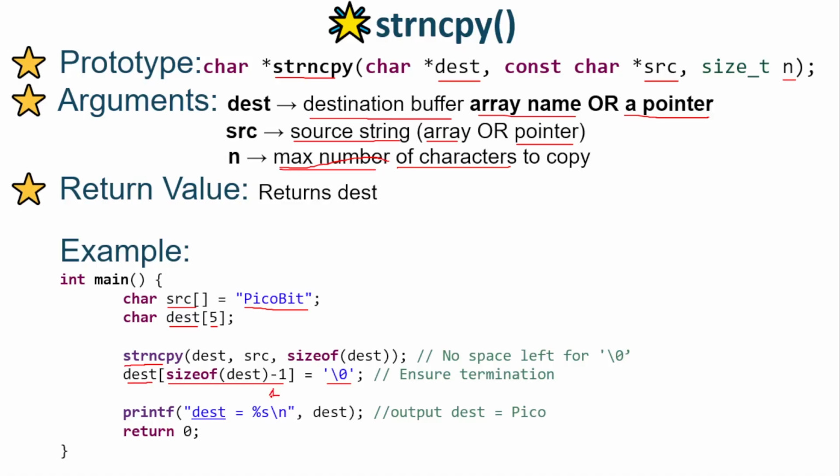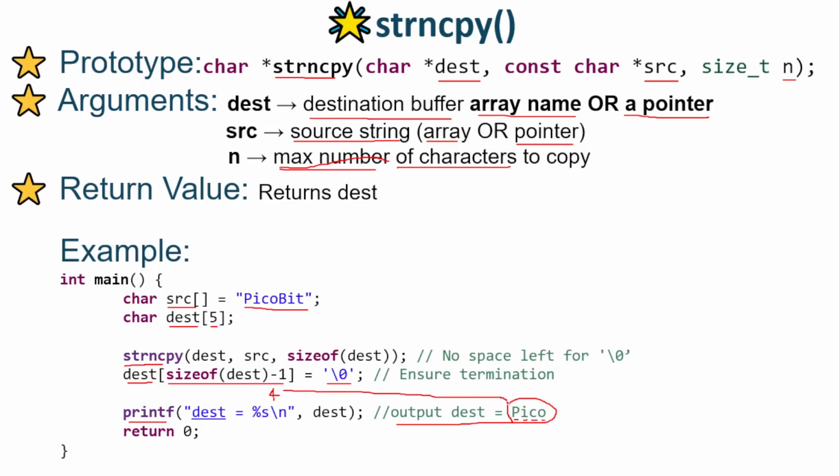As a result, when the printf function executes, the output on the screen becomes dest = pico, showing how strncpy truncates the string when the destination buffer is smaller than the source.